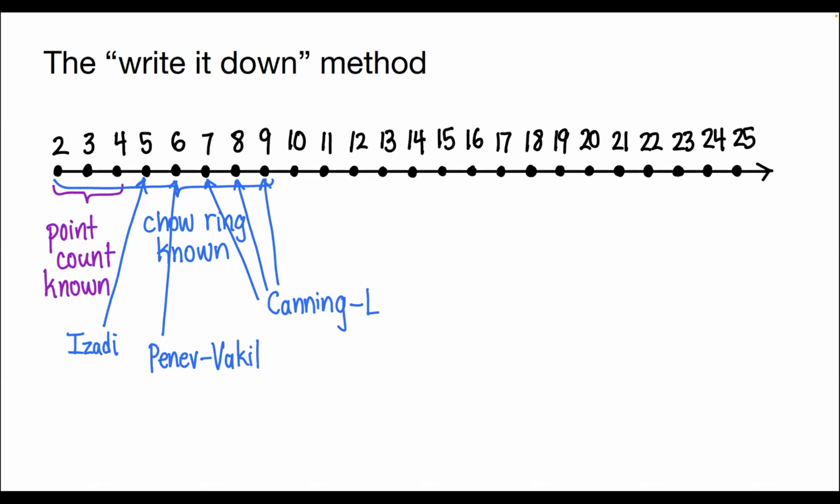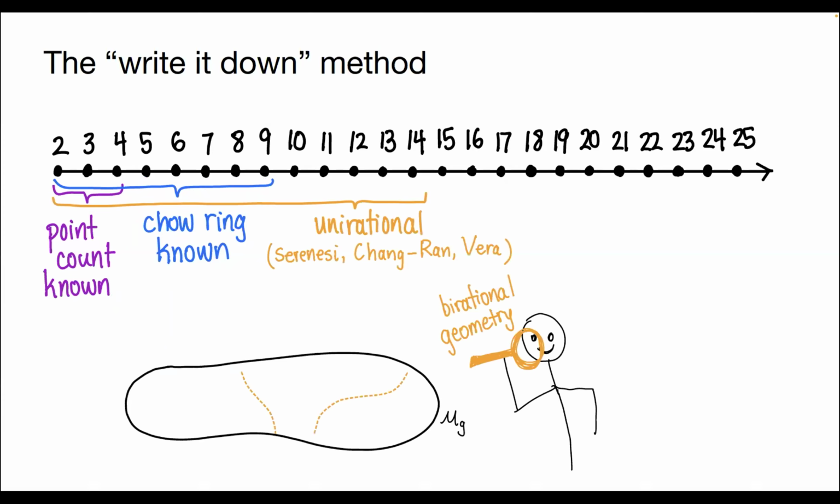So this method of explicitly writing down a stratification of your moduli space works well in low genus, but there are obstructions from birational geometry to continuing much further. Well, it's known that the moduli space of curves is unirational in genus up to 14.